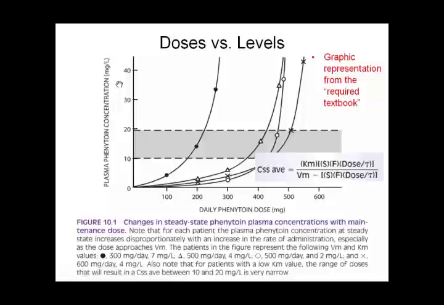To estimate plasma concentration for any patient, you need to know the Km and Vmax and the current dose, and you use this equation here, Css average, to predict what the level may be. If the patient is naive and did not receive phenytoin before, we use the Km and Vmax of the population.